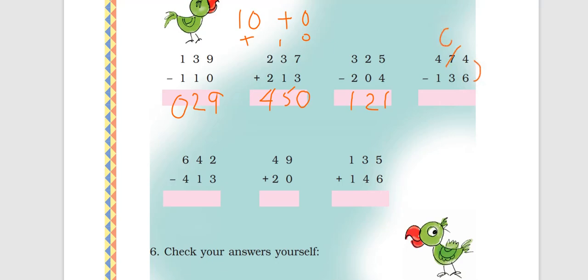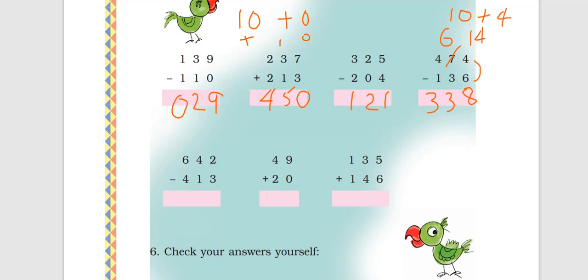Give away 1 ten from the 7 tens, leaving me with 6 tens. Carry the ten as 10 ones to the ones column, and it already has 4 ones. That is a total of 14 ones. 14 minus 6 gives me 8 ones. 6 minus 3 is 3 tens. 4 minus 1 hundreds is 3 hundreds.